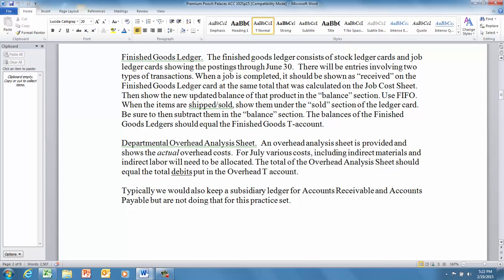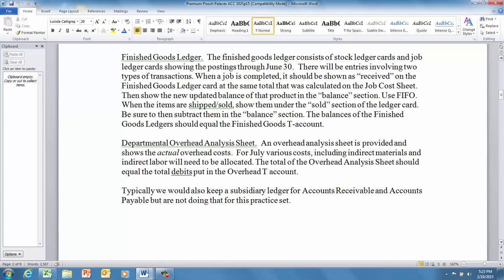Technically, which is not a subsidiary ledger, it only shows the things that are on the actual side of the overhead account, or the debit side, or the inside. Okay, it doesn't show anything that's allocated out of the overhead account into work in process. Only the actual costs that are being accumulated in the overhead T account.